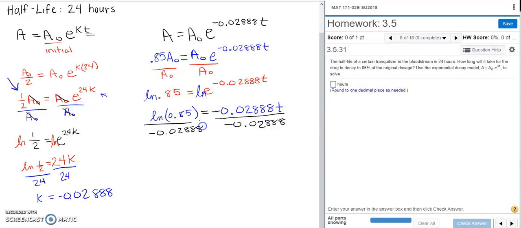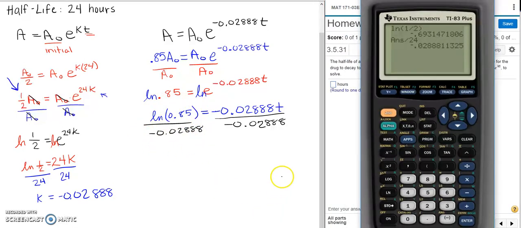Okay, so essentially, to get t, I need to type in this thing. Now, I'm going to show you the same thing I showed you in the last video. I don't want to chop this up. I don't want to just make it 0.02 or 0.03 and leave it. I need to use as many decimals as I can for accuracy. But I also don't want to take the time to type all of that. So I'm going to do natural log of 0.85 divided by the answer I just had.